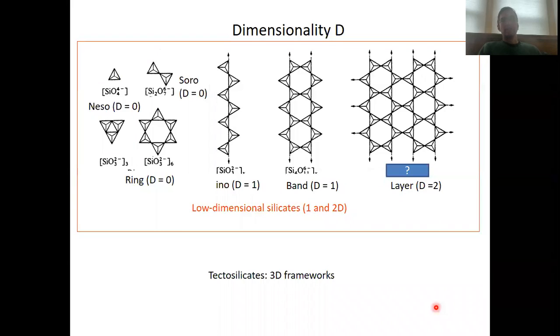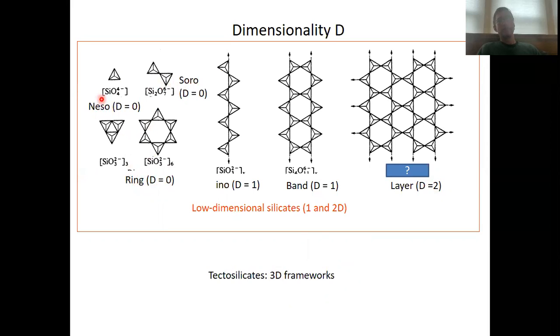All right, now let's go further to dimensionality. Essentially, we distinguish between 0-dimensional silicates, 1-dimensional silicates, 2-dimensional silicates, and 3-dimensional silicates. 0-dimensional silicates with D equal to 0 are either neso, soro, or ring silicates.